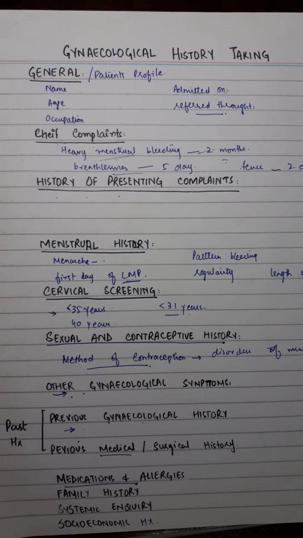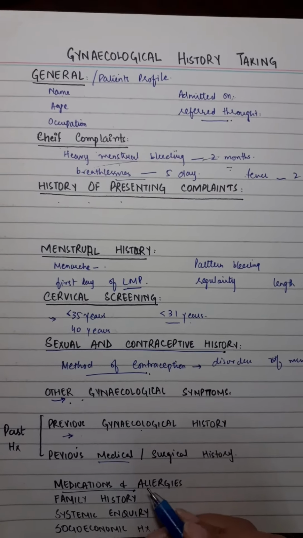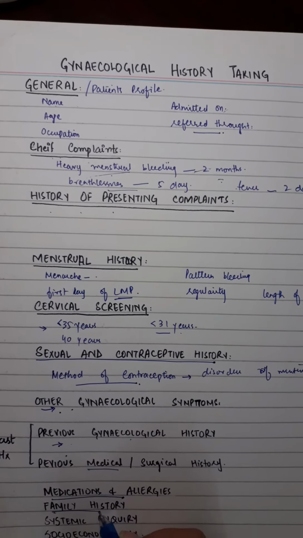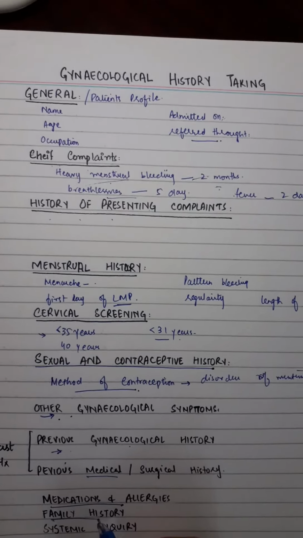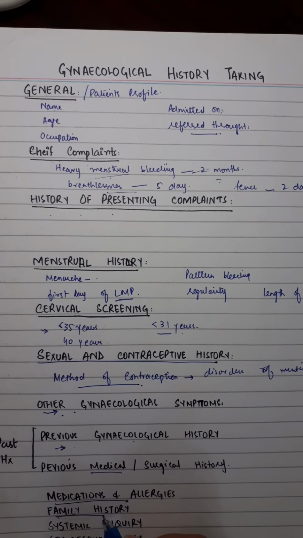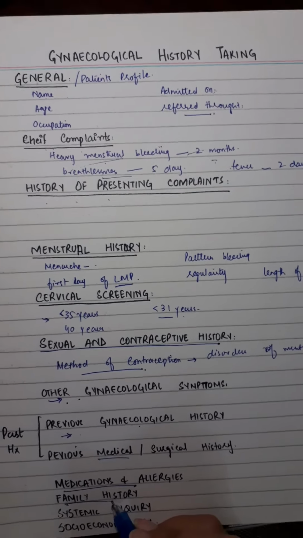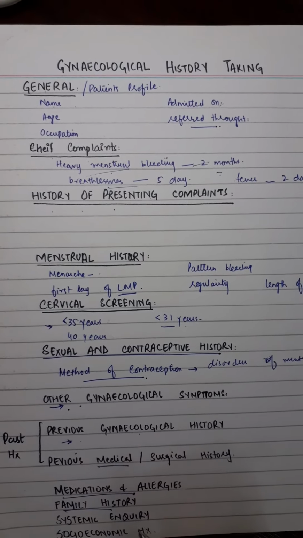Then comes family history, and family history is important because significant autoimmune diseases can be asked, and cancers and thrombophilias can be ruled out. In thrombophilias there can be heavy menstrual bleeding as well. Then you go for systemic inquiry.